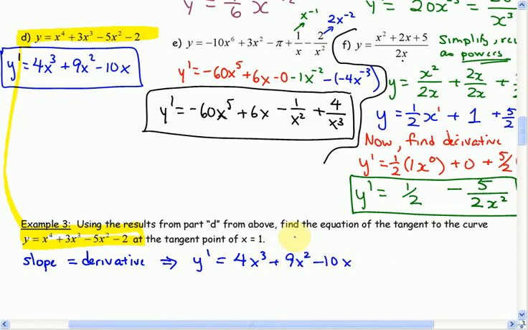And what do I plug in for x, Edison? 1. Right on. So now if I plug in 1, I will calculate very quickly the slope of the tangent at 1. 4 plus 9 is 13, minus 10 is 3.